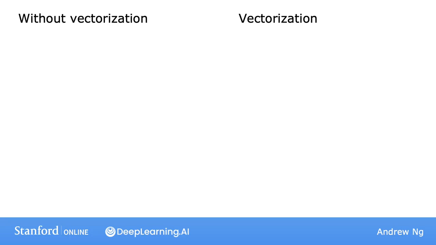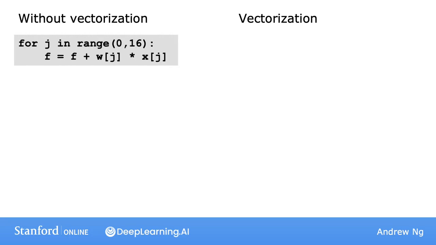Let's take a deeper look at how a vectorized implementation may work on your computer behind the scenes. Let's look at this for loop. A for loop like this runs without vectorization. So if j ranges from 0 to, say, 15, this piece of code performs operations one after another.